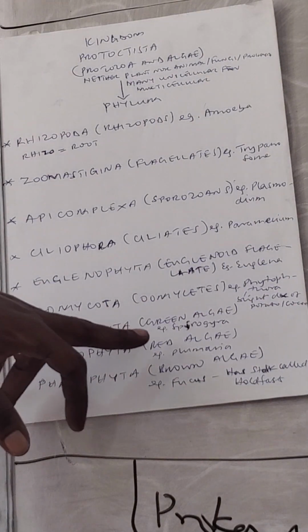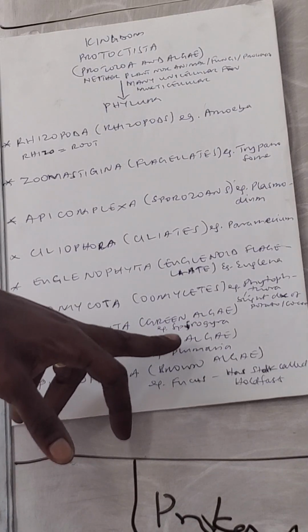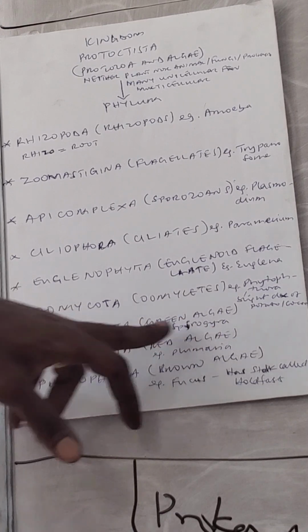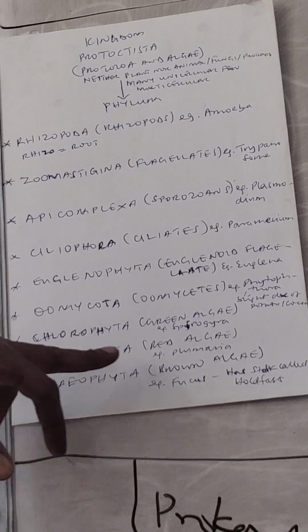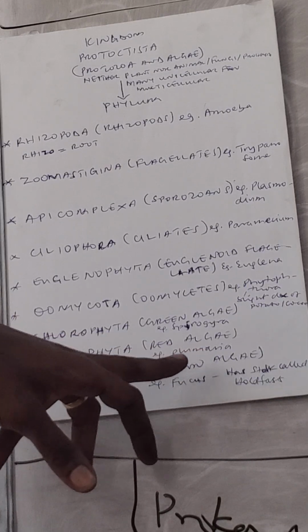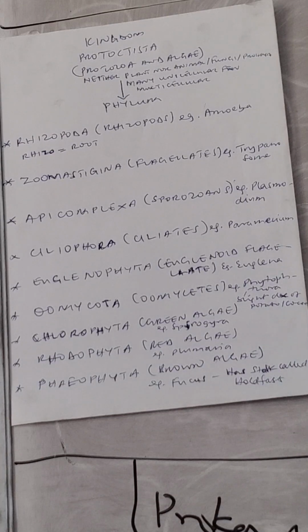Then we have the Chlorophyta. The Chlorophyta is the green algae, or the Spirogyra, okay? Then we have the Rhodophyta as a red algae, as a Plumaria, for example. Then we have the Phaeophyta as a brown algae, as the Fucus, okay?